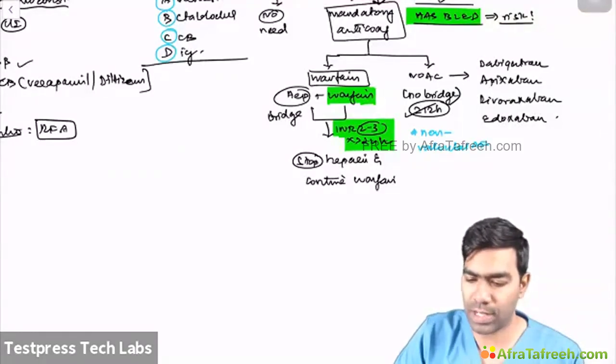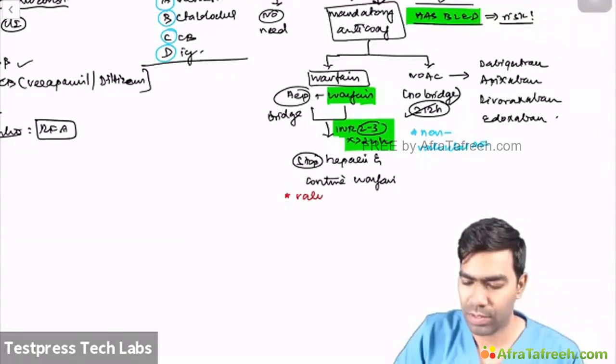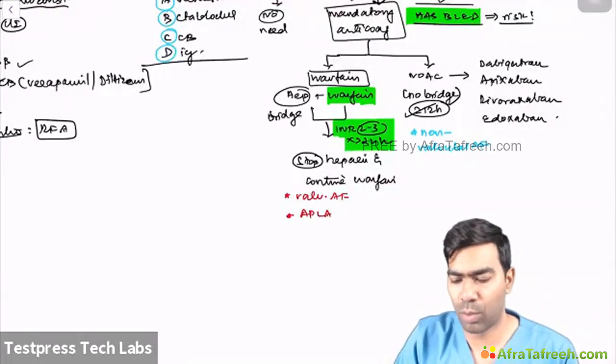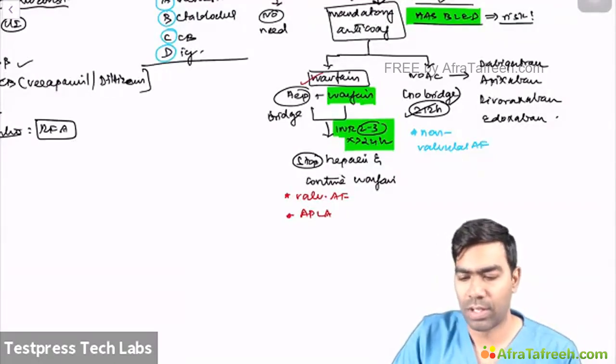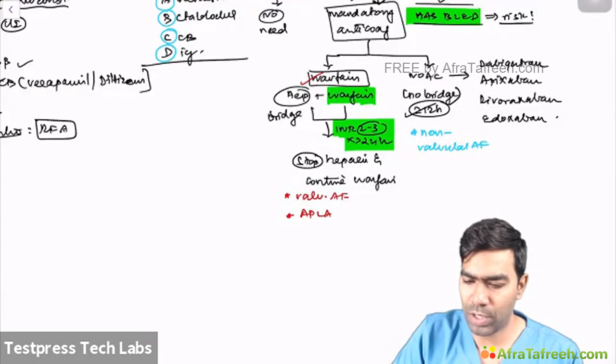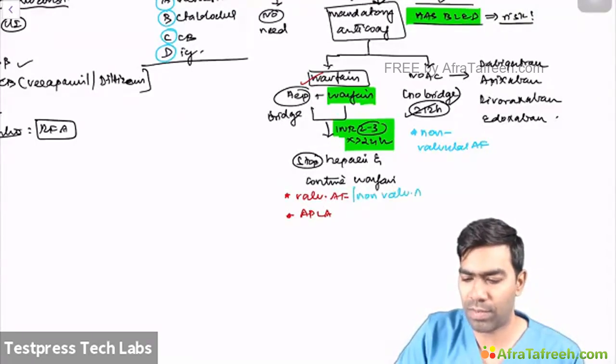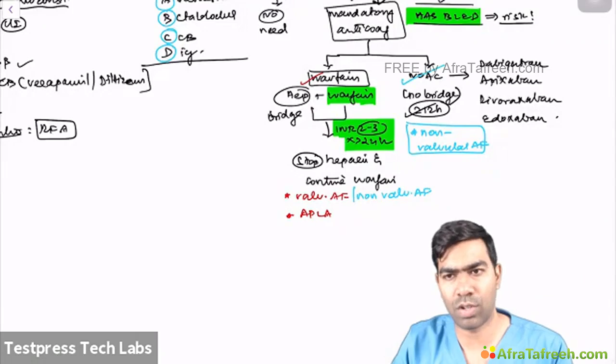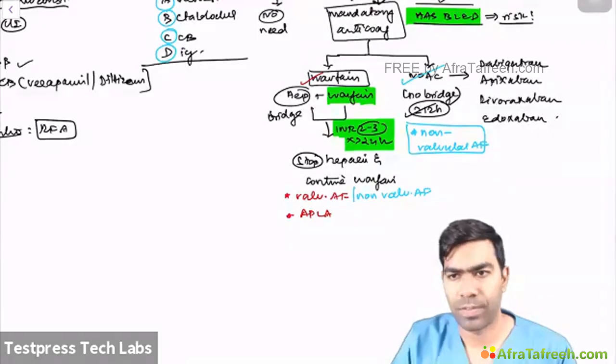So if the patient has valvular AF, or antiphospholipid antibody syndrome, in both these settings it's better to use warfarin, which has higher evidence. But remember, warfarin can also be used in non-valvular AF. It is not that warfarin cannot be used, but if it's non-valvular AF, the choice is always NOACs.